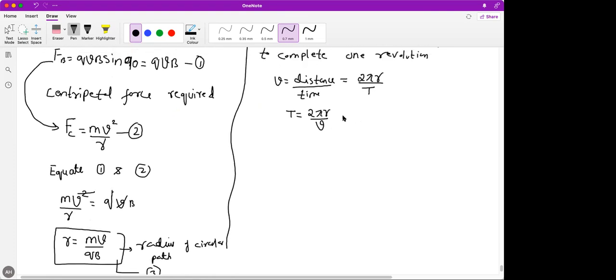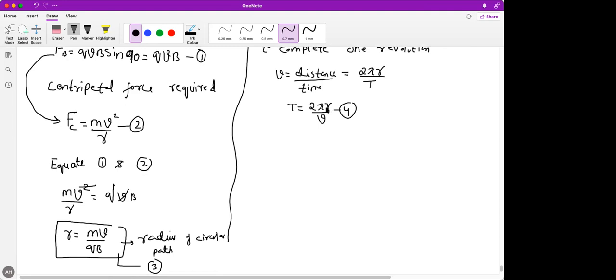Call this equation number 4. What we can do is substitute R in 4 from 3. When we do this substitution, we get time period is 2 pi by V into R, and R is MV by QB.